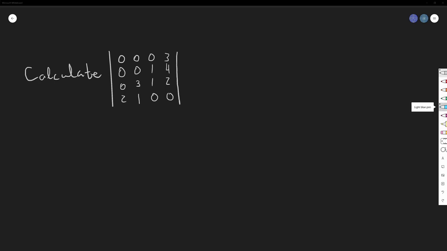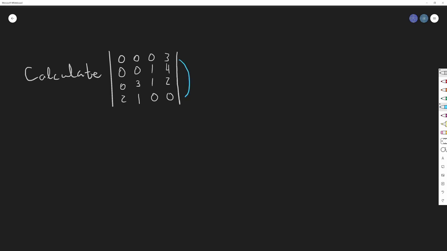So what we're going to do is flip the first and last row. That's going to be R1, R4, and that will give us 2, 1, 0, 0, 0, 0, 1, 4, 0, 3, 1, 2, and then 0, 0, 0, 3.